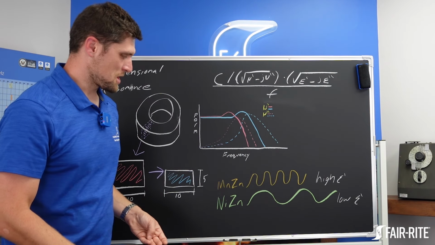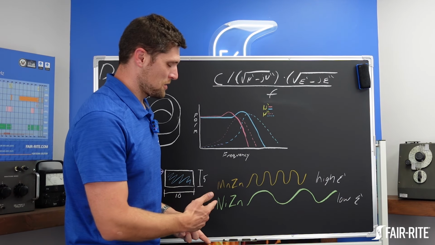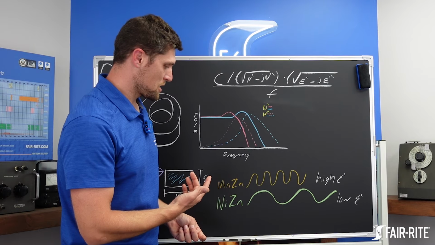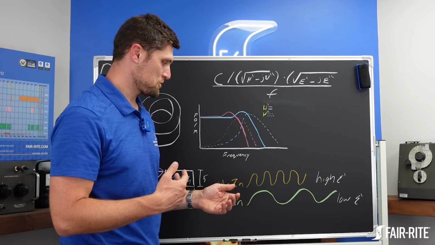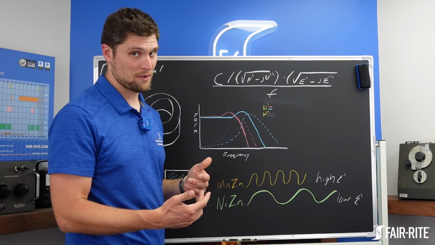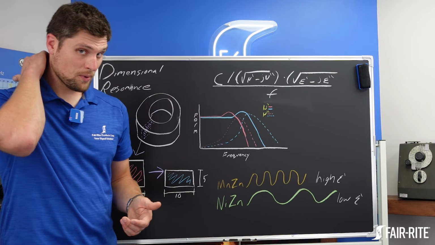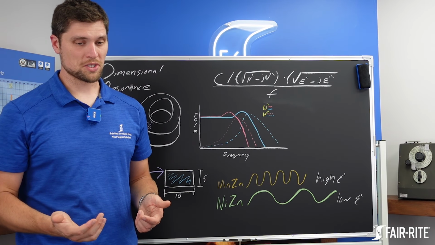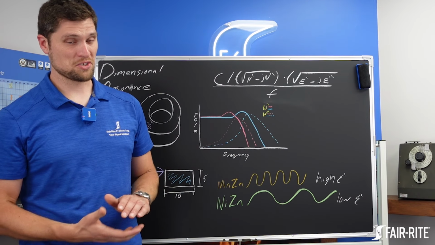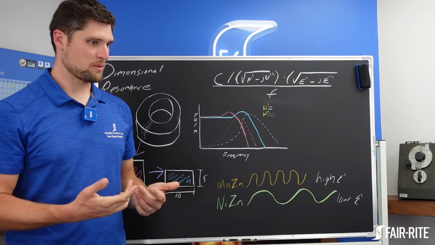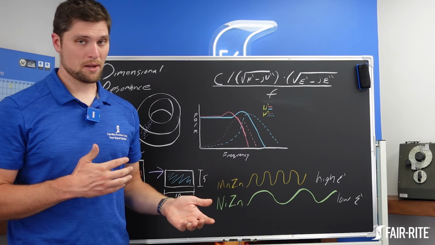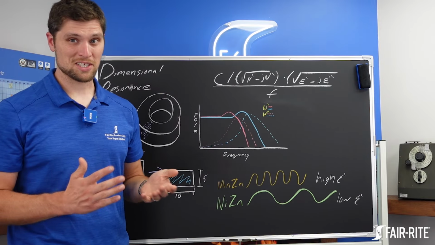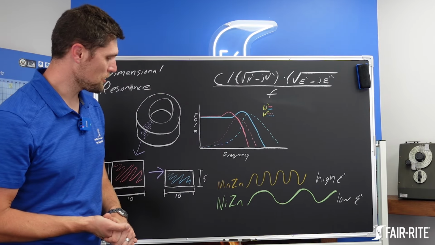What effectively is happening is that manganese zinc with the high permittivity is going to have a much smaller effective wavelength. Now, when that effective wavelength starts getting close at certain frequencies to the physical dimensions of the core, you start having the possibility of resonance and standing wave formation inside the core.